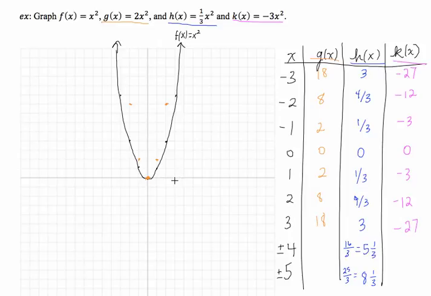Now there's really only a few points you can plot because on g of x, 3, 18 is off the graph. It's off these axes anyway, but you can get the idea from just plotting these points that it's a skinnier version of x squared.